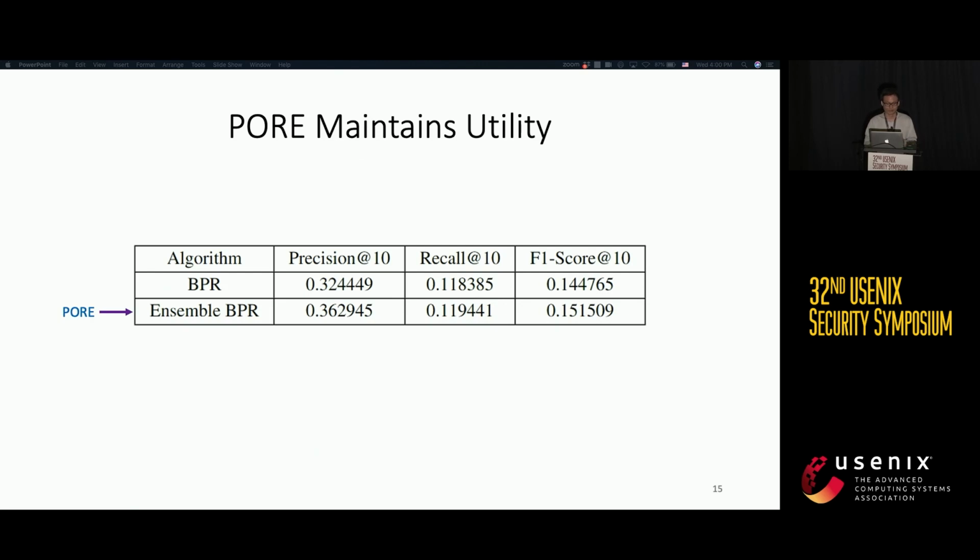We also compare the precision at N, recall at N, and F1 score at N of our ensemble recommender system with the standard recommender system when there is no attack. As we can see, our ensemble recommender system could achieve similar or even higher performance than the standard recommender system without attacks, which means our PORE maintains utility without attacks.